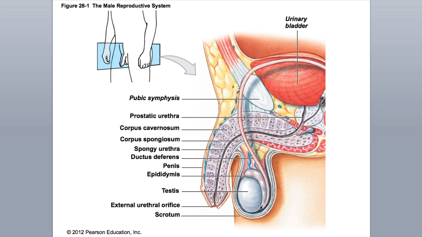So maturation and storage is a function of the epididymis. At the time of ejaculation, sperm will leave the epididymis and go up this pipe called the vas deferens, or some people call it the ductus deferens. So that's your vas deferens.